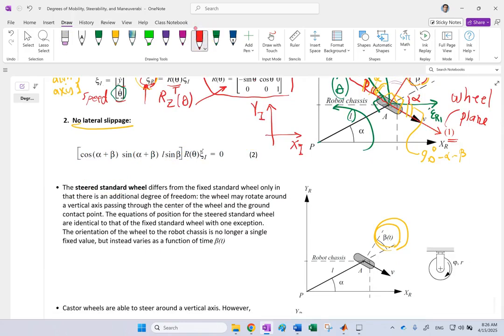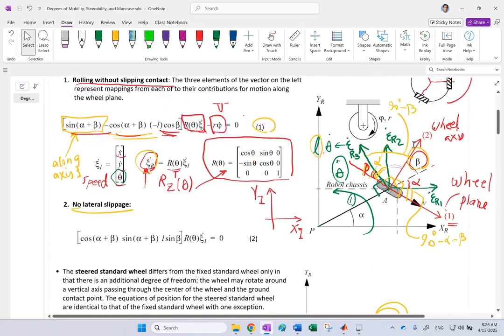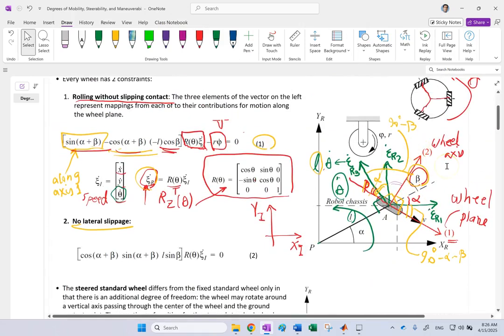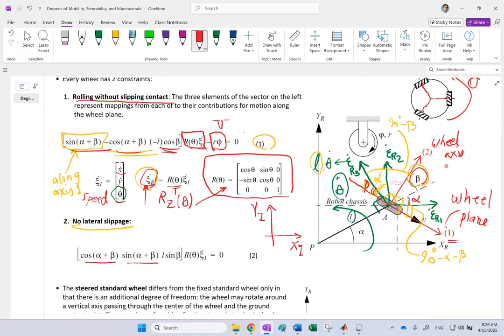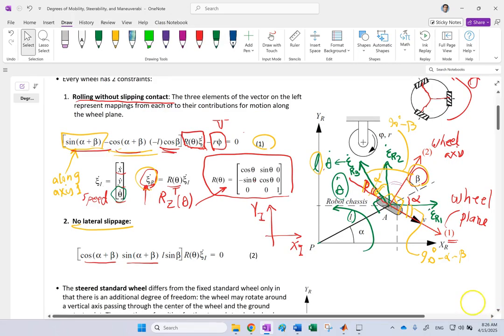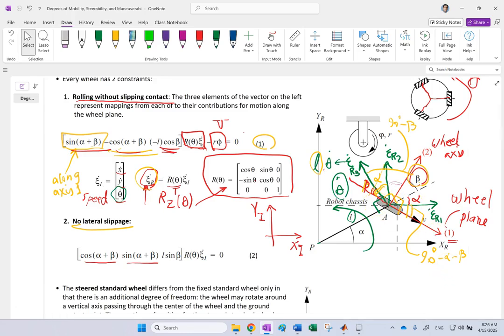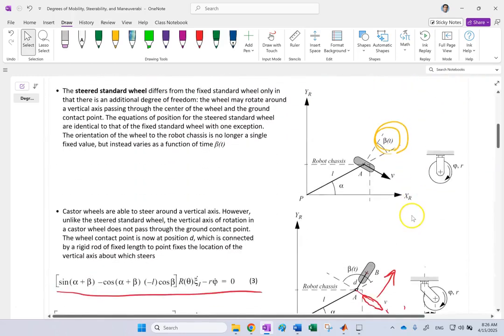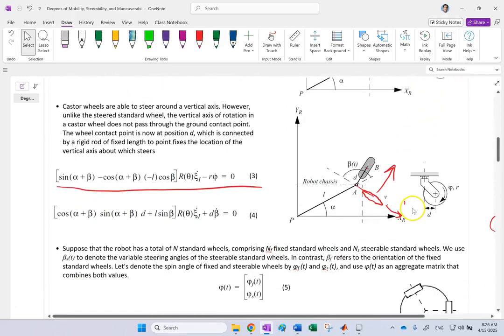The projection for xi.1, r1, and r2 along axis 2 came from cosine alpha plus beta and sine alpha plus beta. No difference this time. Now, the v equal r omega term, this L theta dot that you projected, this xi r dot 3 that you projected, there is a little bit of difference here. What is the difference here?